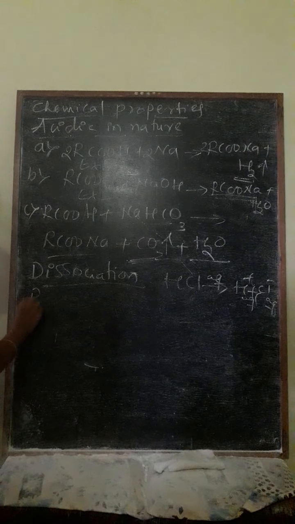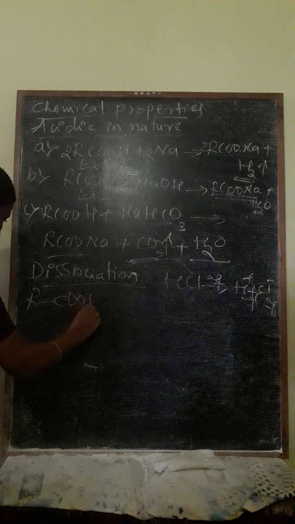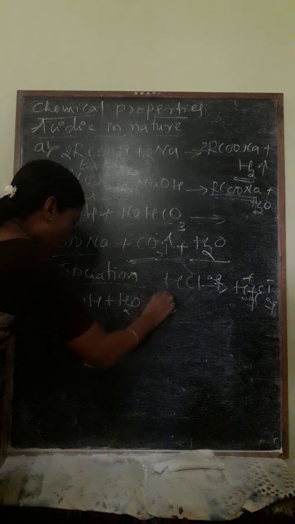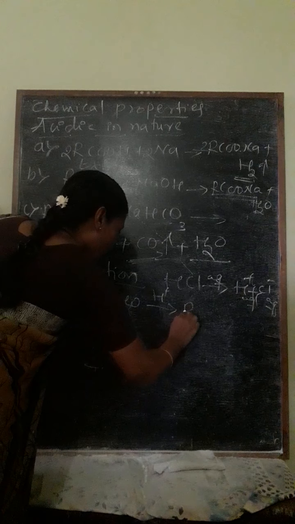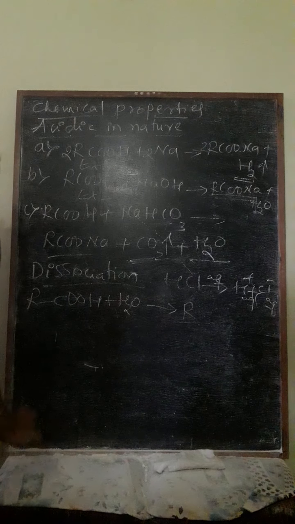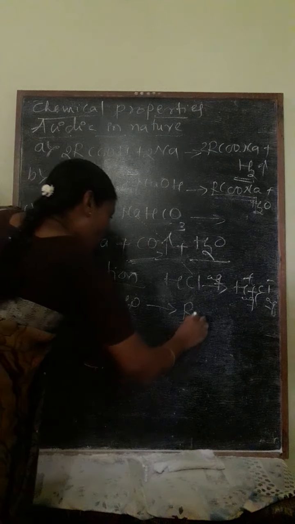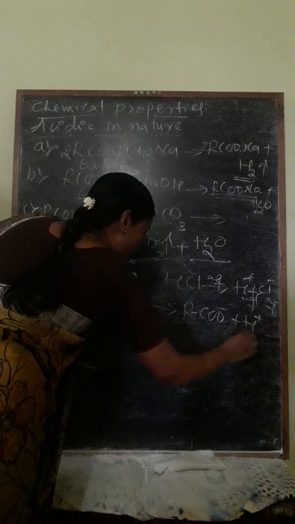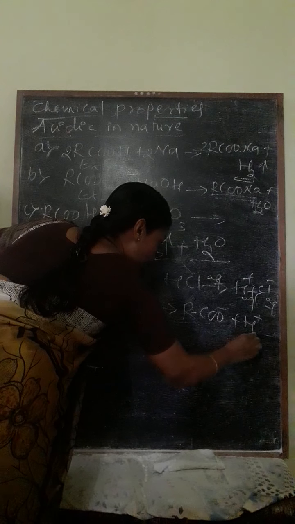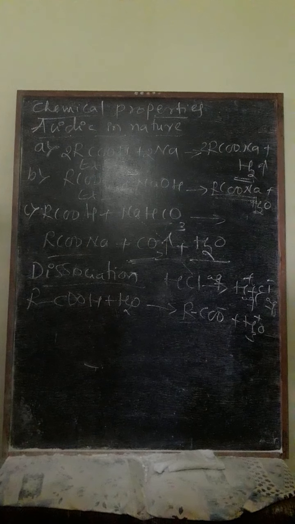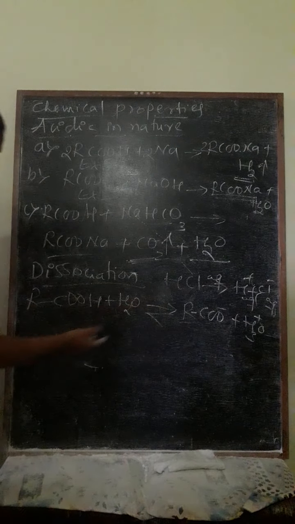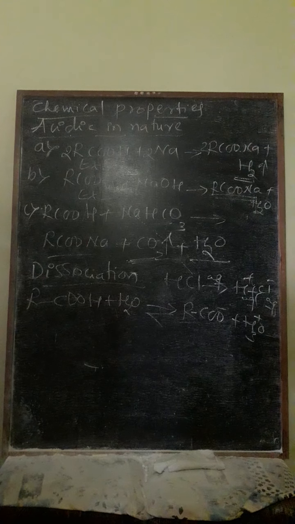Like that, the carboxylic acids RCOOH undergo dissociation in aqueous media, forming the product RCOO minus plus H plus, and with water this can be taken as H3O plus. Again they combine, and carboxylate hydrolysis in the presence of acid gives carboxylic acids.